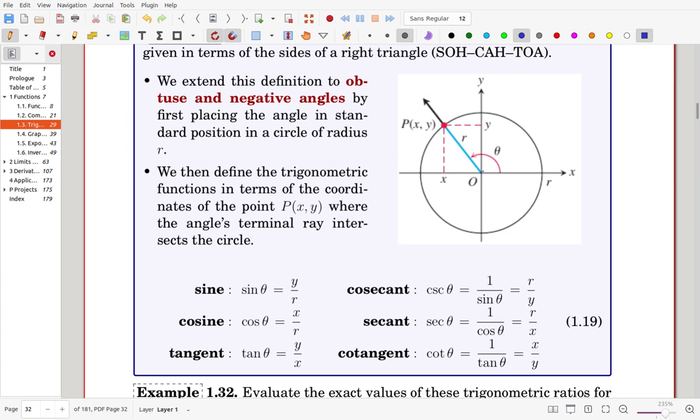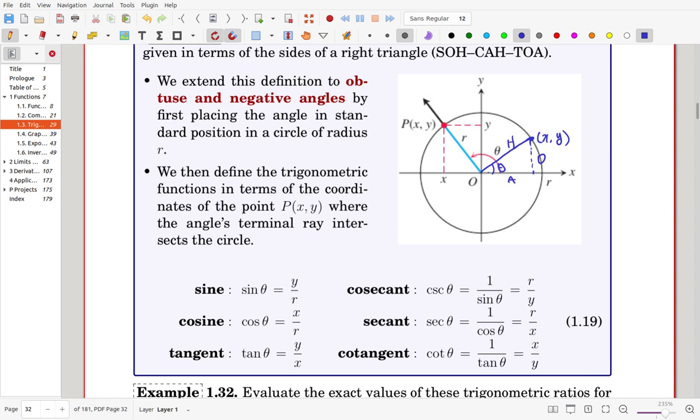Of course, that is exactly the same as SOHCAHTOA. For example, if you are considering an acute angle, we can make this right triangle with x and y, and of course in this case that will be theta. Here is the adjacent side, the opposite side, and the hypotenuse.